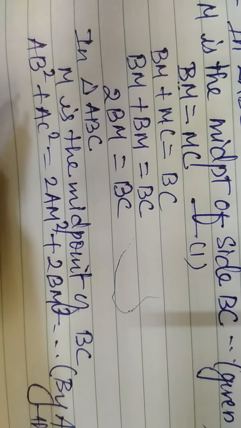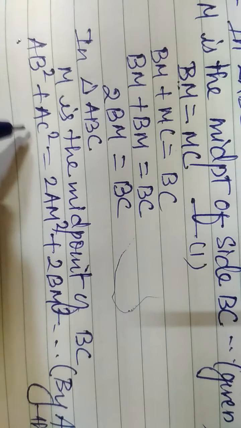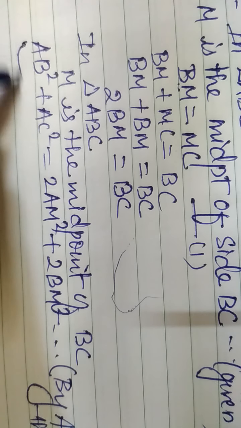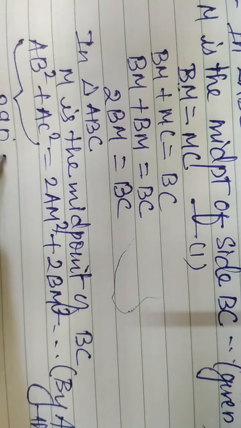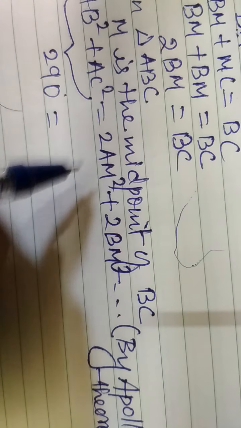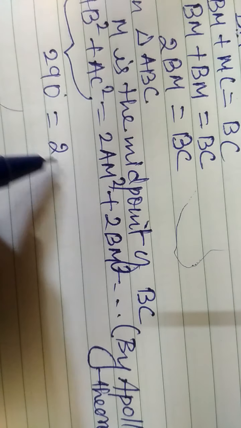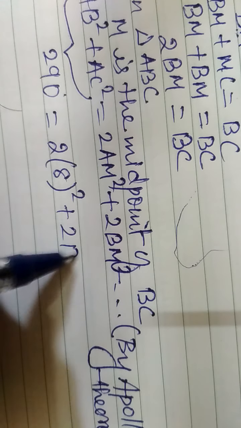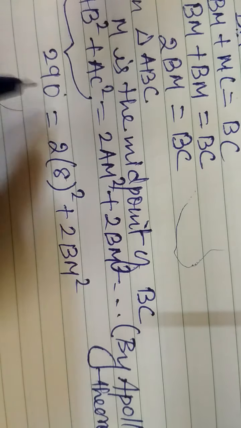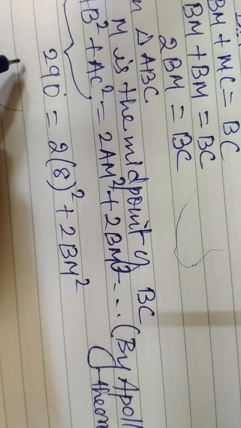So now we will proceed with the formula. This one is given, 290. So 2AM square, AM is 8, it is given, plus 2BM square. So here we will find 2BM square.